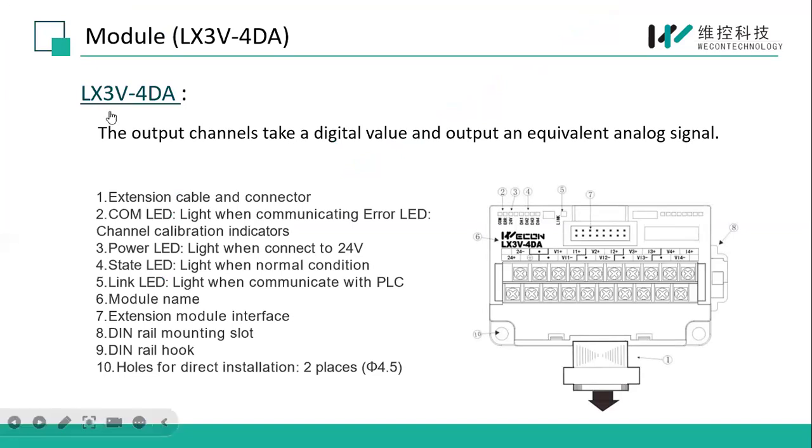First we look at the LX3V-4DA. It takes the digital value and outputs the analog signal. And you can see it has indicators here to show the module state and the state of the different channels.